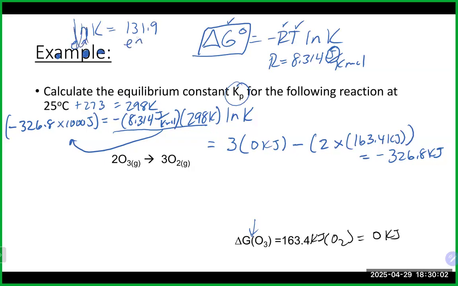When you do that, that just goes away, and here we will end up with 1.9 times 10 to the 57 in this case. Question on that calculation: do our numbers make sense?